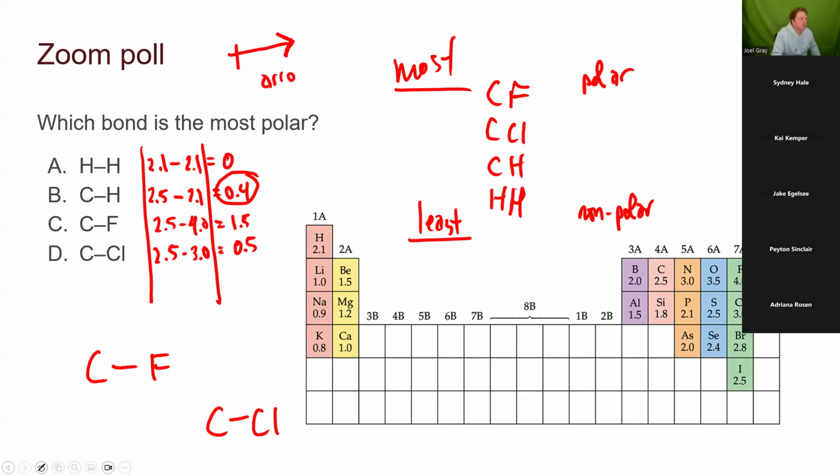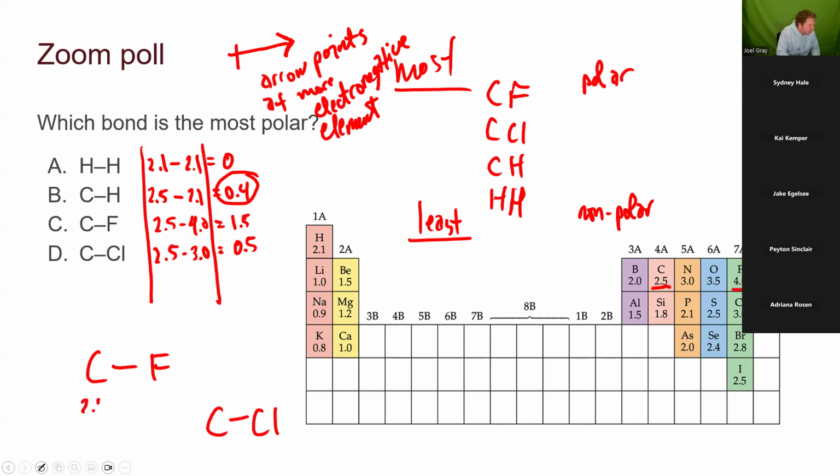Arrow points at more electronegative element. So then I'm going to look at carbon with a 2.5 and fluorine with a 4.0.